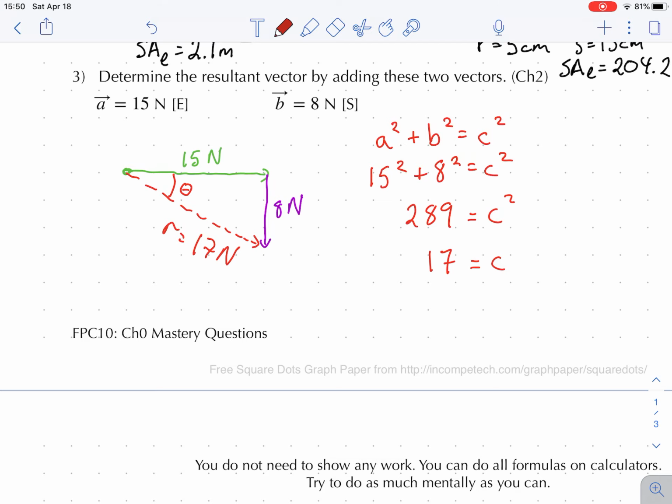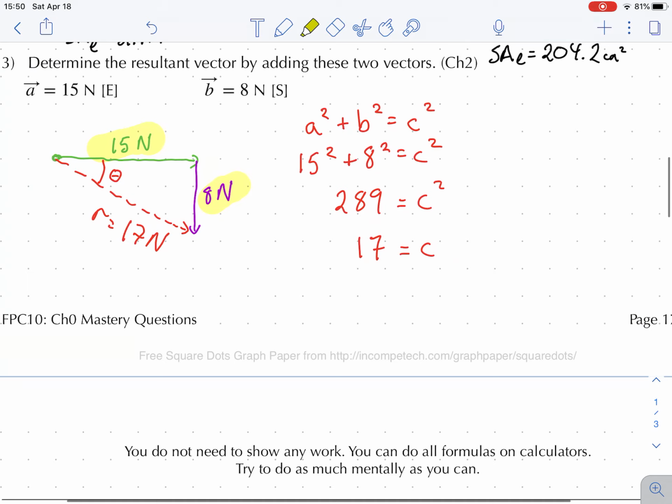Now, we need to determine the size of this angle. To do that, I have my opposite and my adjacent side, so I'm going to use tangent. So tangent of my angle is equal to my opposite over my adjacent side. Tangent of my angle is equal to 8 over 15. Now I do 8 divided by 15 to get that into a decimal form, because my calculator works best with decimal forms.